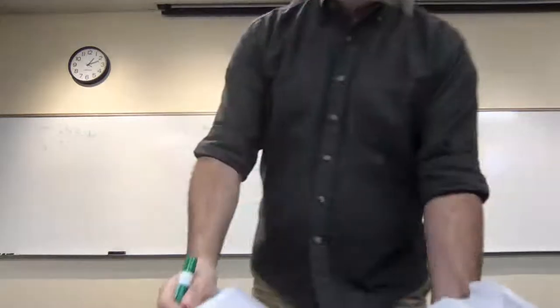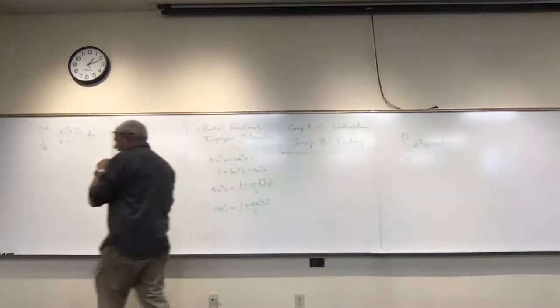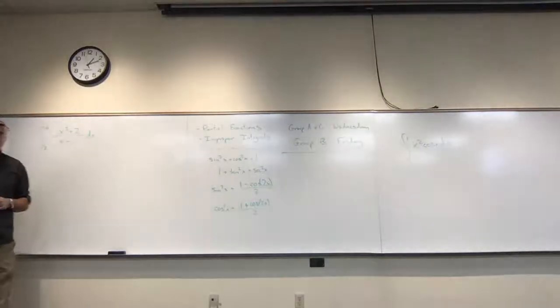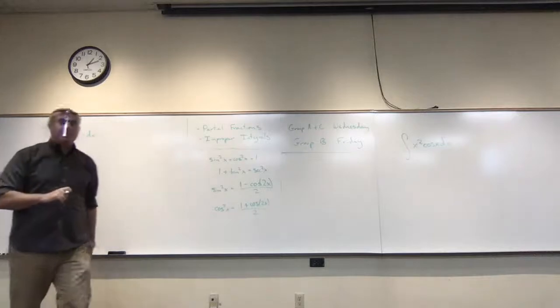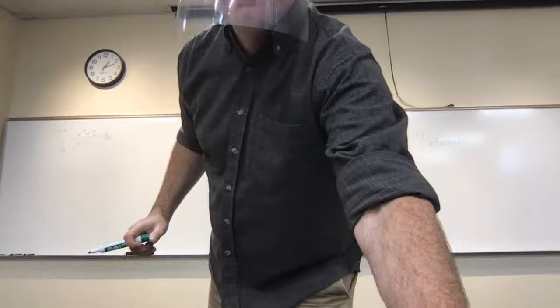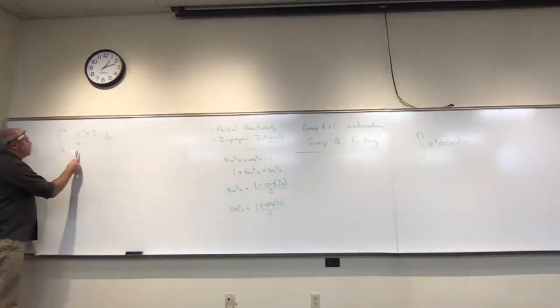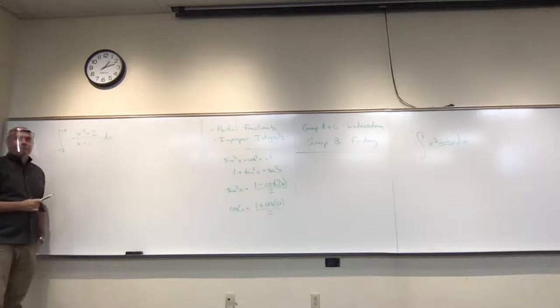Okay, so this is a polynomial division problem, and the way that you know that polynomial division would be the right way to go is you look at the power of x on the bottom and the top.